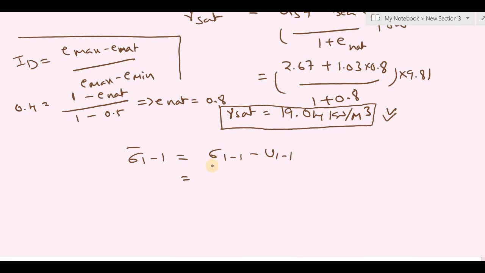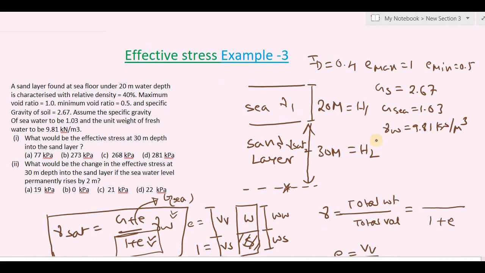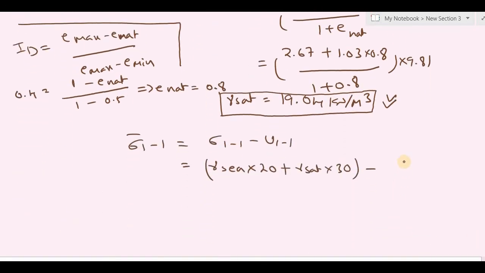In that case, gamma sea water into 20 plus gamma sat into 30, minus, for pore water pressure, if you place a piezometer here, the piezometer level rises till this point, which is 20 plus 30, 50. So gamma sea water into 50.